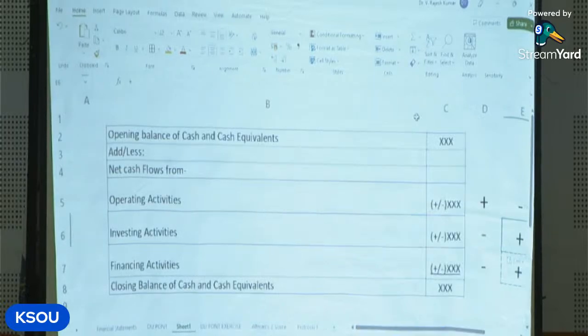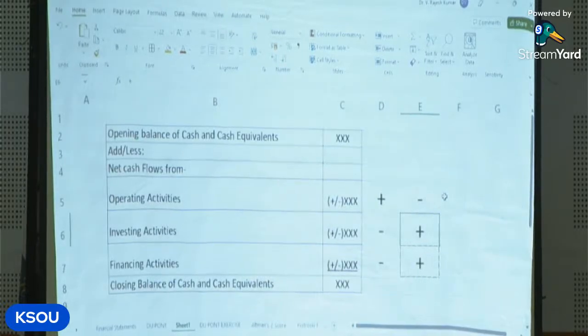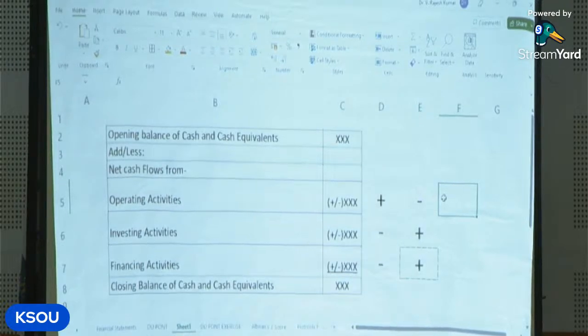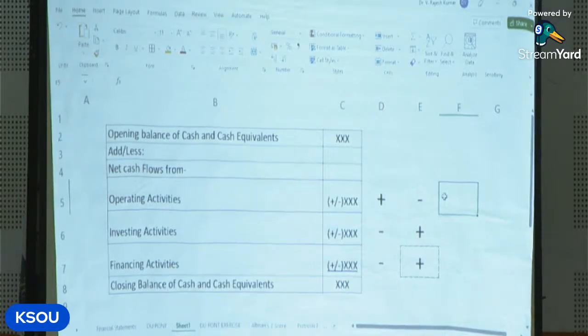What does it mean, sir? The company is incurring losses from its operations, which it is making up by selling assets and borrowing funds. Is it good? Worst scenario to happen.